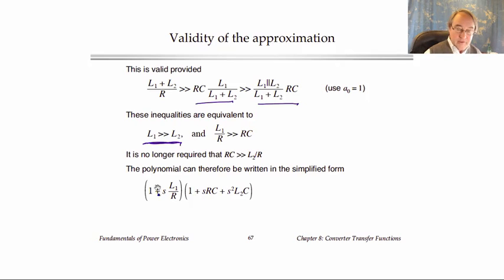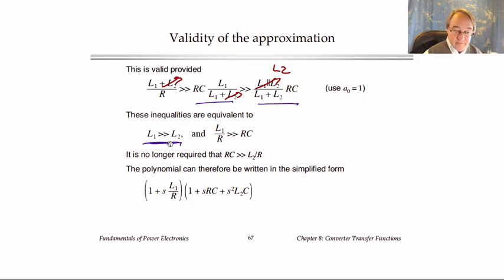We still have this inequality, which we had before. And having made that inequality, we can now throw out the L2 here, throw out this L2, and this is just RC. And then this one gives us really L2 over L1 plus L2. So the second inequality is really saying L1 is much greater than L2.